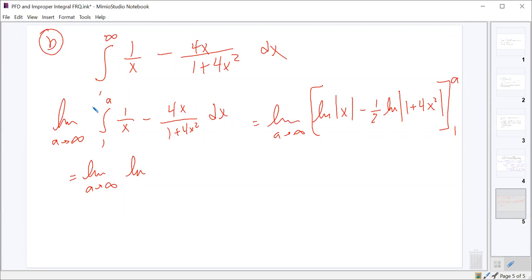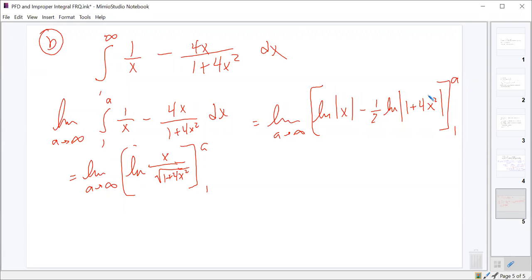So we'll just say of x over root 1 plus 4x squared, bringing in the 1/2 power to that 1 plus 4x squared.